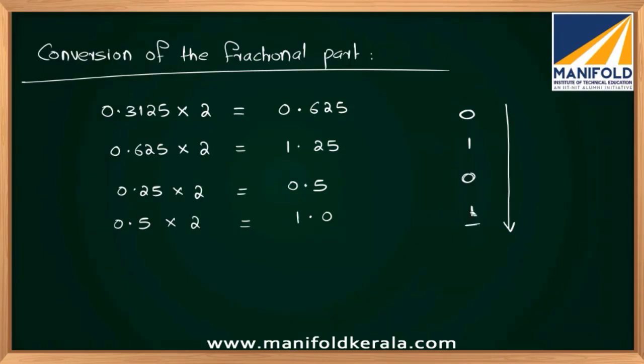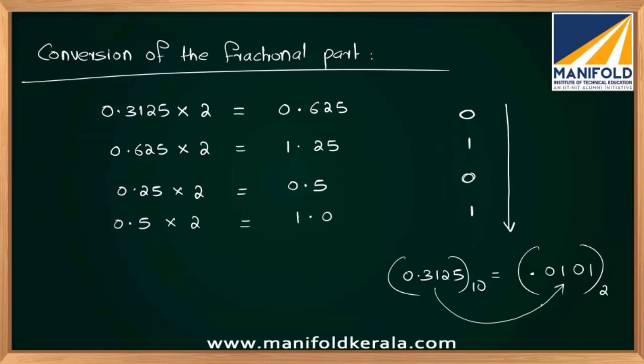So what will be the fractional part corresponding to this one? 0.3125 base 10 will be equal to, with a binary point, 0.0101. This will be the conversion of the fractional part.